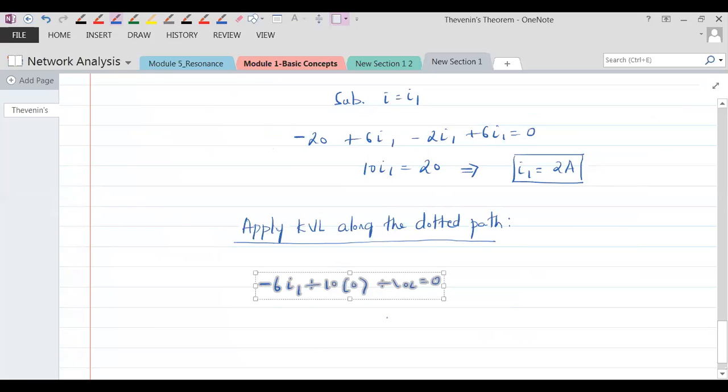So this is VOC. Therefore, VOC is 6 I1, and that is 6 into 2. So therefore, we can say our VT, which is VOC, is 12 volts.